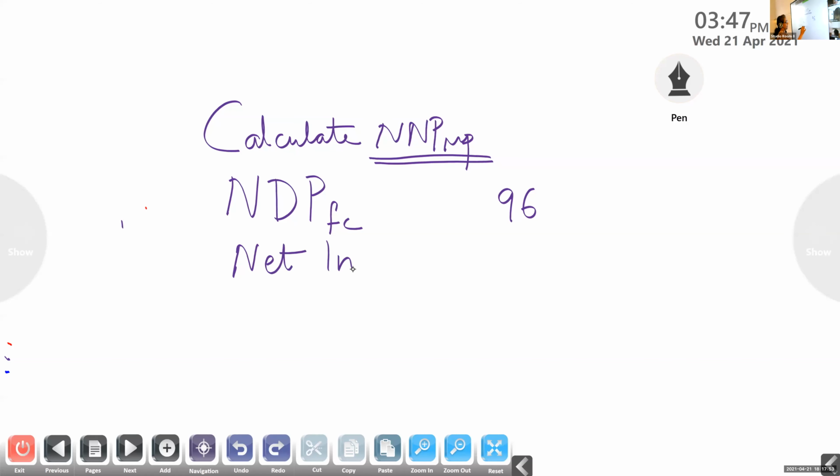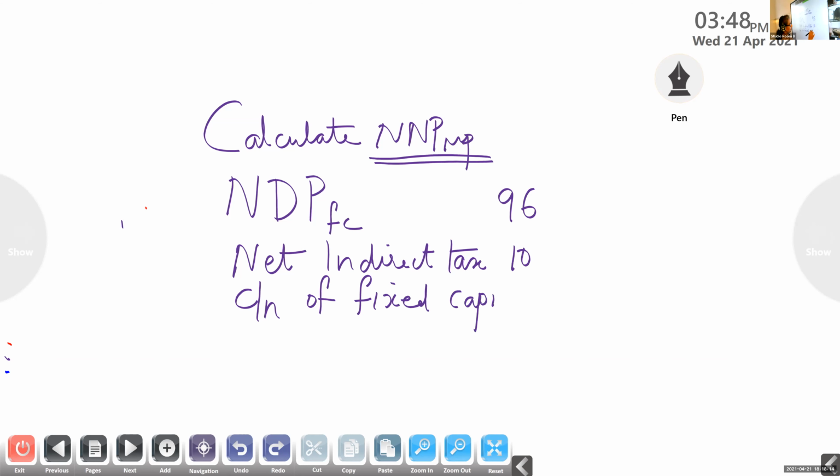Net indirect tax is 10. Then consumption of fixed capital, I am just writing the short form of this, you do not write, you should know what it is. Consumption of fixed capital is equal to 12.